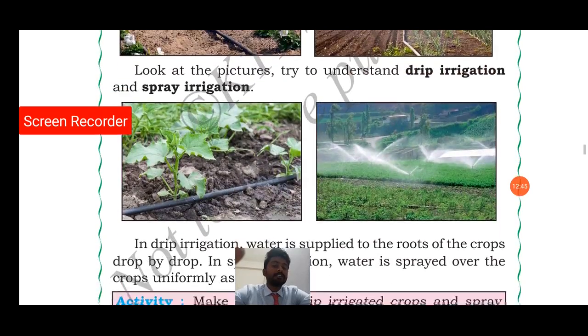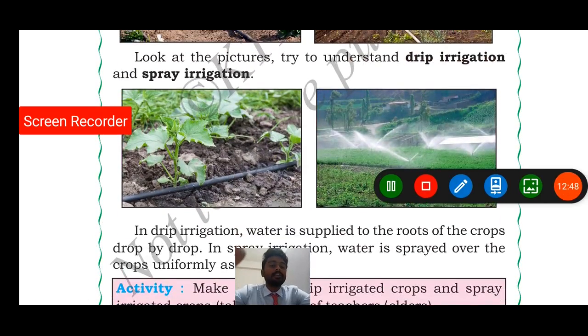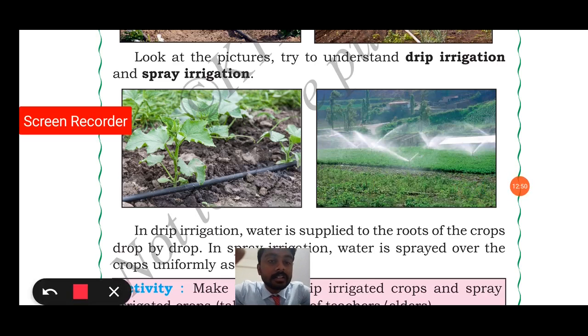You can see, students, the diagram of drip irrigation. In this pipe, small holes are present. Through those holes the water flows directly to the roots of the crop.